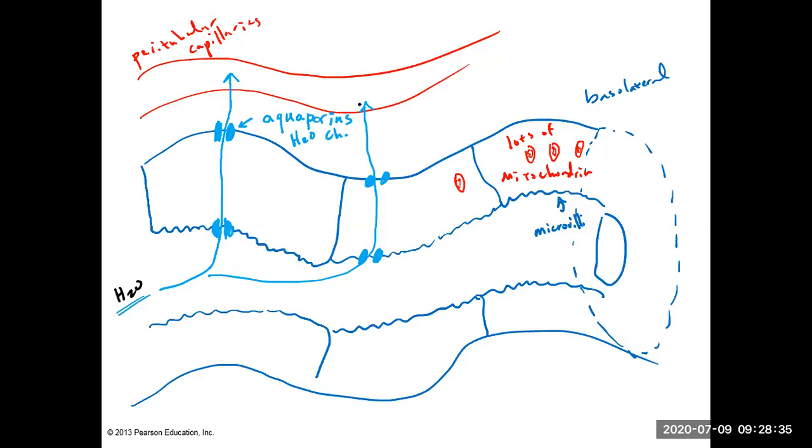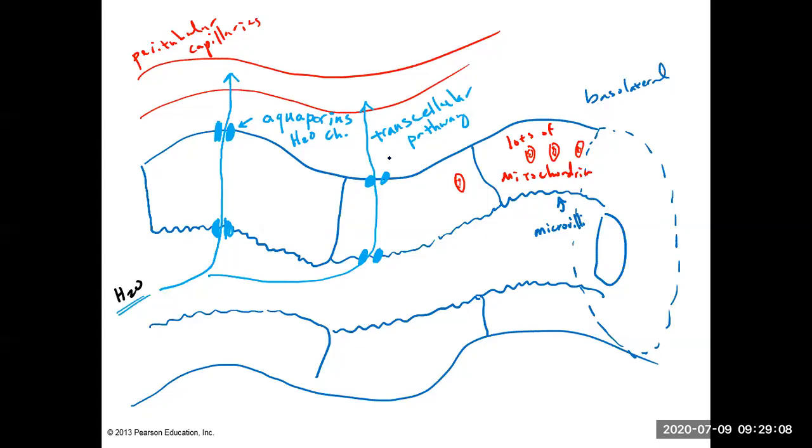And yes, you could build up your pressure because your volume did not change that much, and you're absorbing the water that you need. This is called the transcellular pathway. Trans means within the cell. Transcellular. So this is an example of the transcellular pathway.